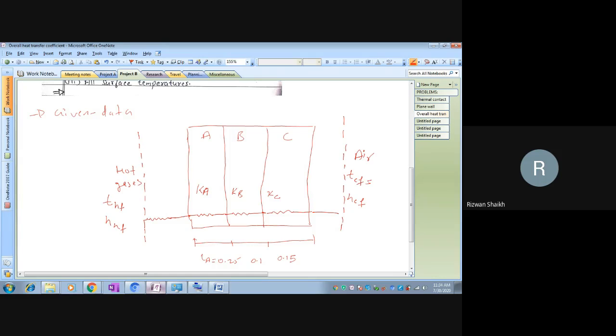The temperature is given to be 25 degrees Celsius and the heat transfer coefficient is given to be 12 watt per meter square degree Celsius. Okay. And similarly for the hot fluid, hot gases, THF is here, it is already written.